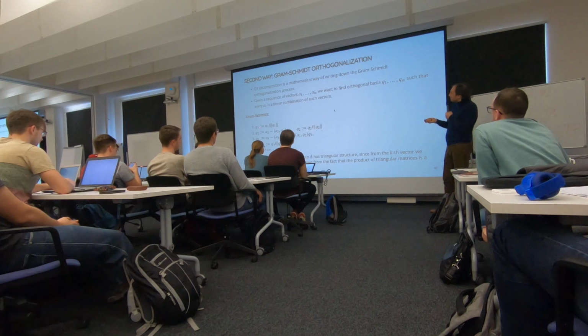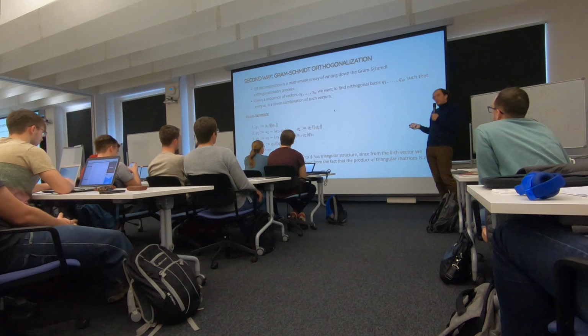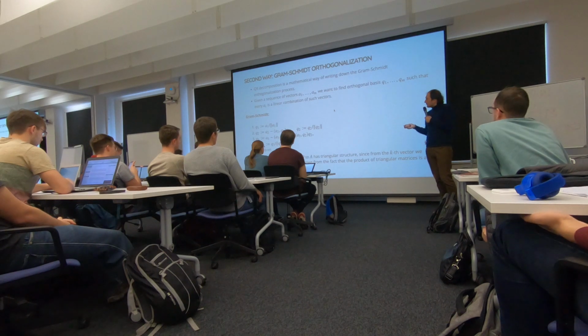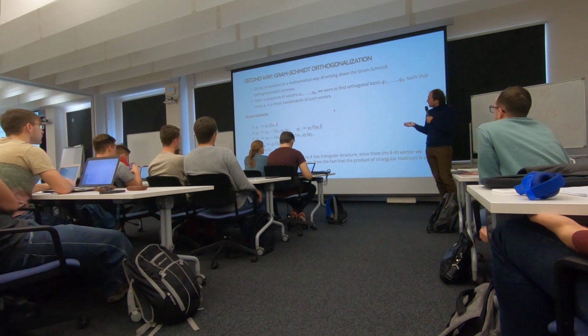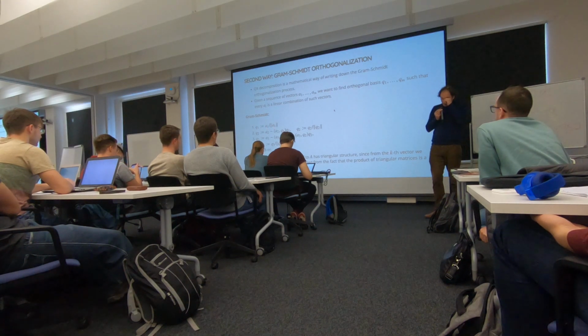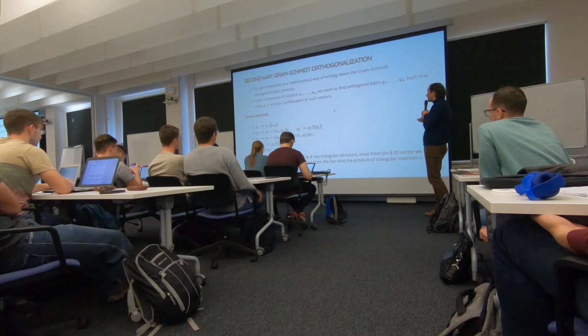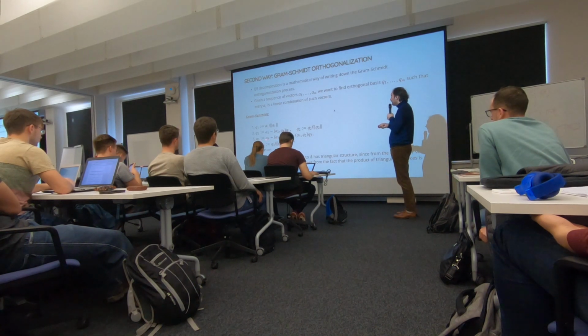an orthonormal basis. So what we do, we take the first vector, we normalize it, and at least we get one orthonormal vector. Then we need to compute the second vector.